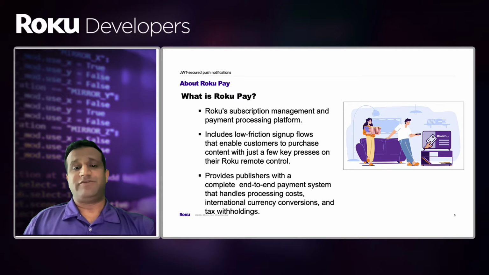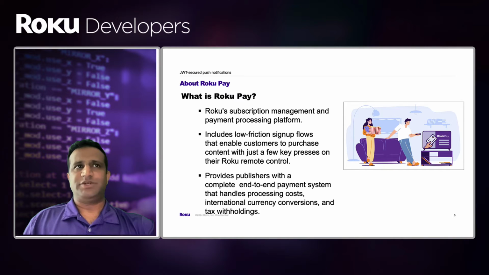How it is beneficial for the customer: a single window for you. Customers can manage all their subscriptions with the multiple streaming services in just one place with Roku, myroku.com. They don't have to go to multiple places. They don't have to do multiple method of payment entries in different systems.